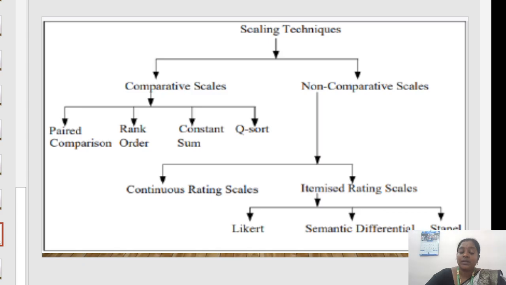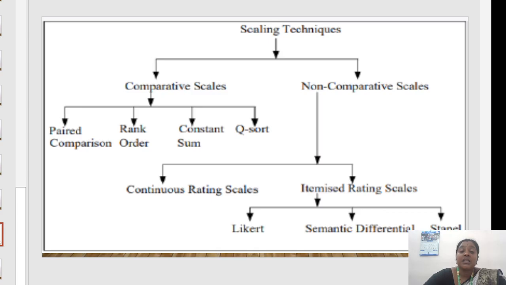Equal appearing interval scale. This equal appearing interval scale, also known as the Thurstone scale, was developed to measure attitudes through the systematic selection of statements representing different levels of favorableness toward a particular issue. Initially, a large number of statements are collected and evaluated by a panel of judges who assign scale values based on their perceived favorability.